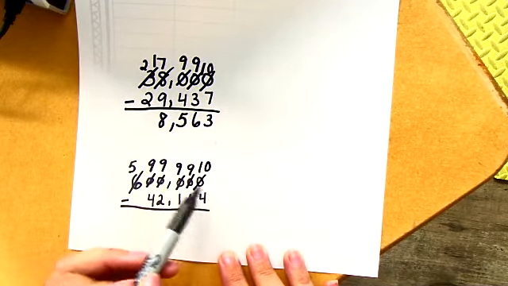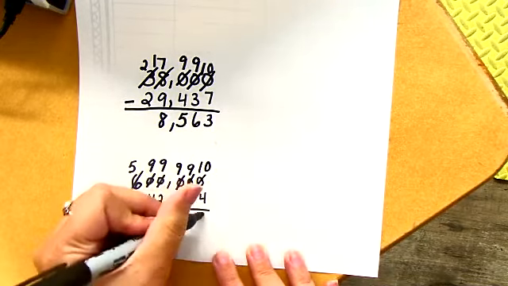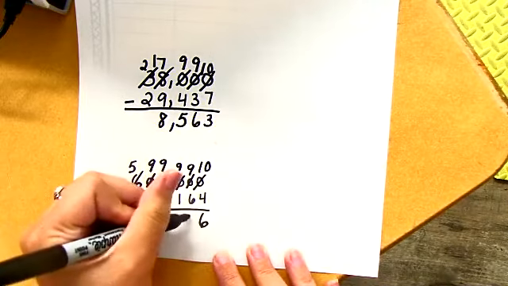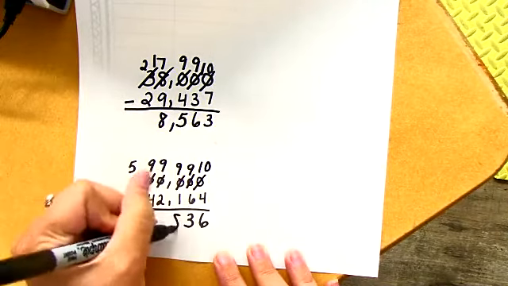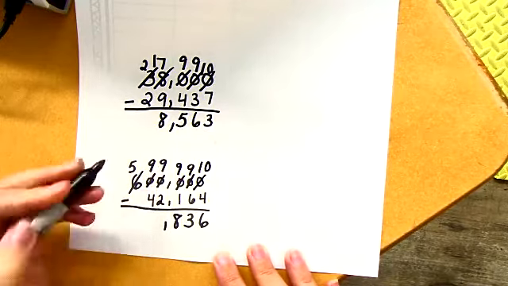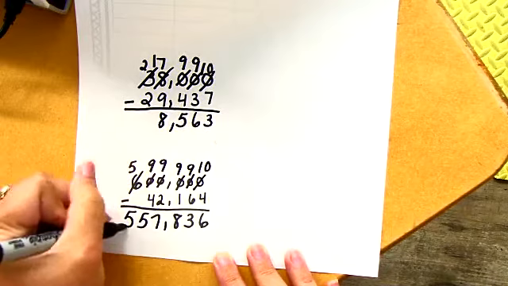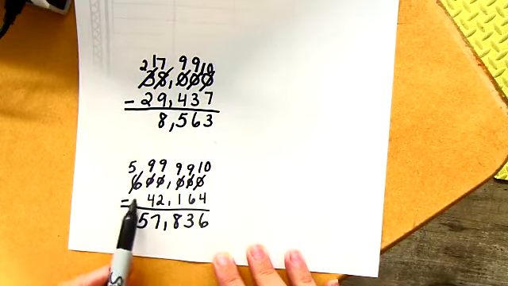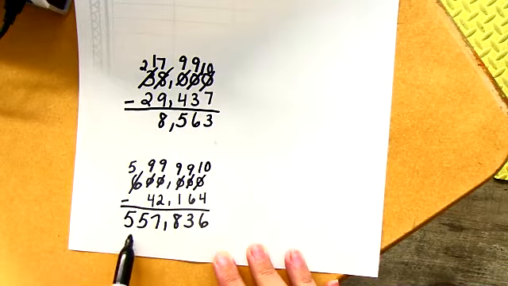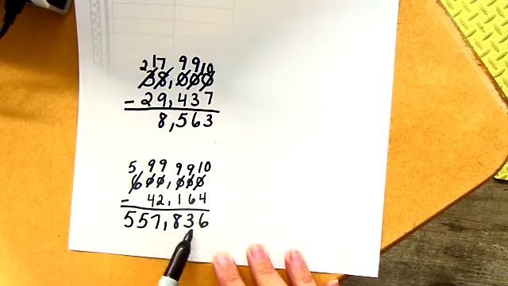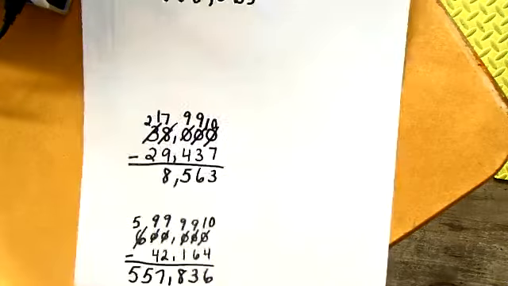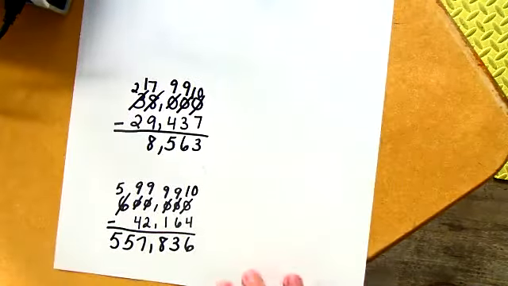Now I can subtract. 10 minus 4 is 6, 9 minus 6 is 3, 9 minus 1 is 8, comma, 9 minus 2 is 7, 9 minus 4 is 5, and then 5, we're just going to bring it down because there's nothing there to subtract. There's no 100,000s place. So our answer is 557,863.